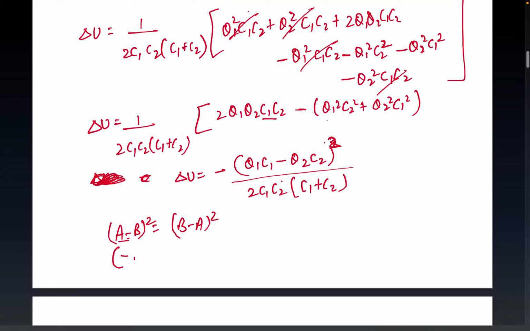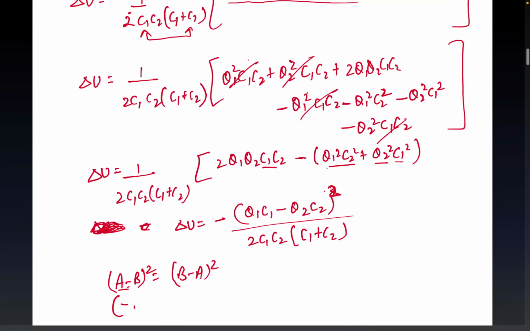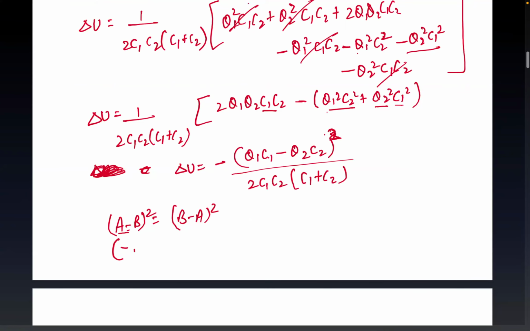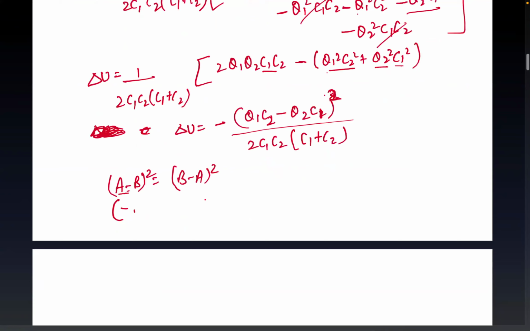I'm saying Q1 C2 and Q2 C1. Was I left with this thing or something different? Okay, fine. So we can write it like this. Now it's fine. So this is the formula for your change in potential.